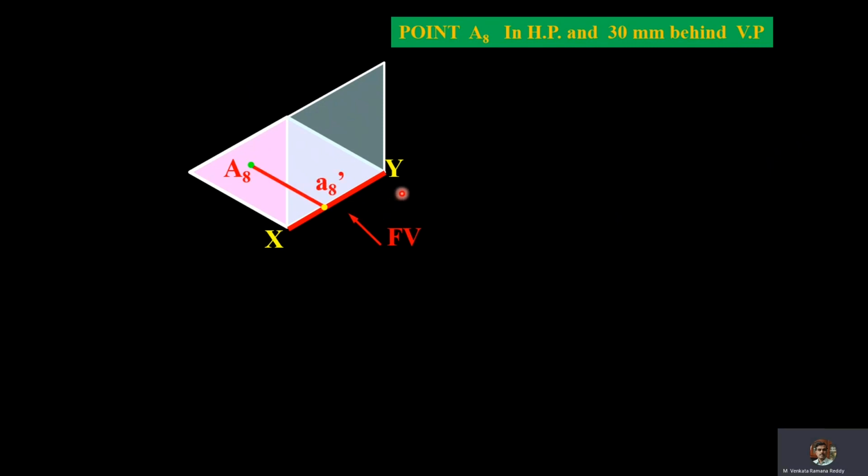Say A8 dash. Now we'll see the top view. In the case of top view, we'll see the distance from the vertical plane, that is 30 mm. Now we'll rotate the horizontal plane 90 degrees clockwise. That's why this top view comes above the XY line and front view falls on the XY line.